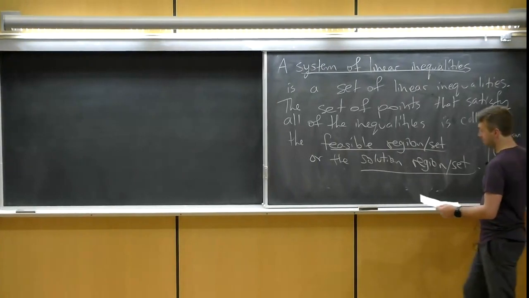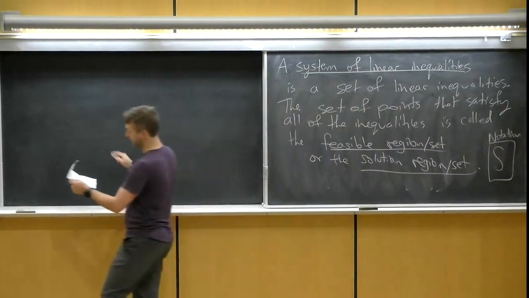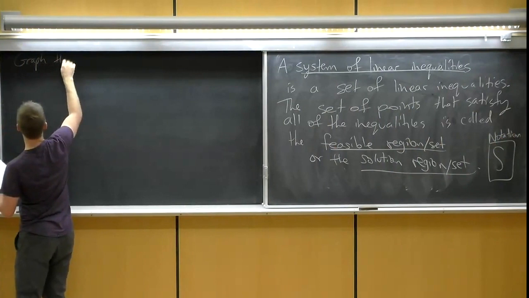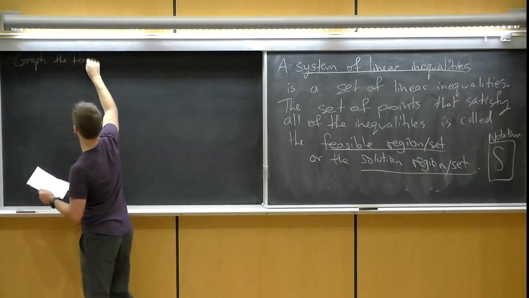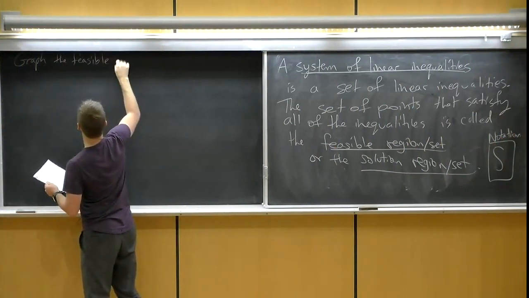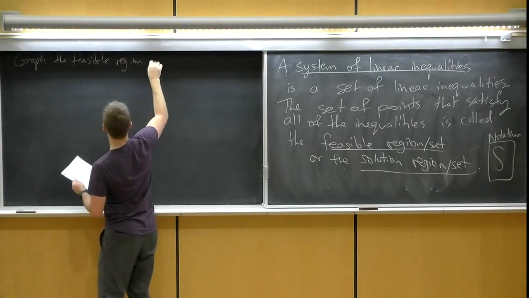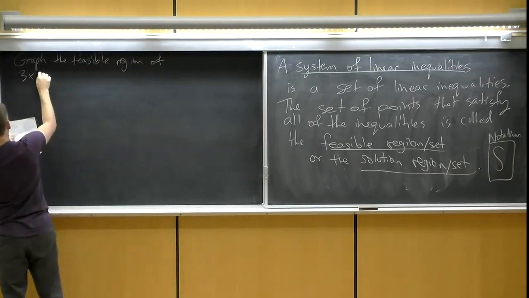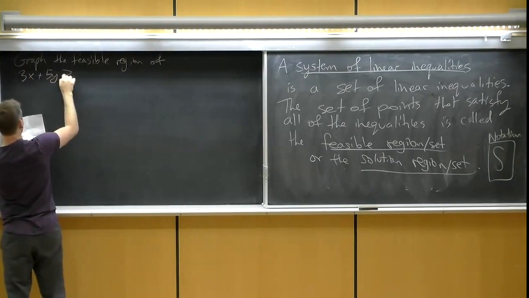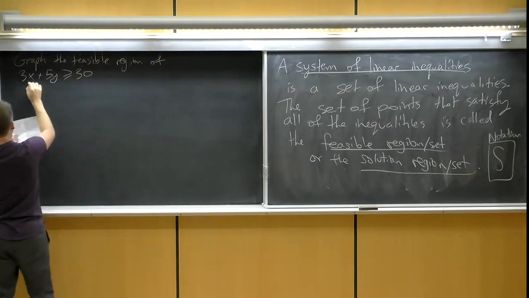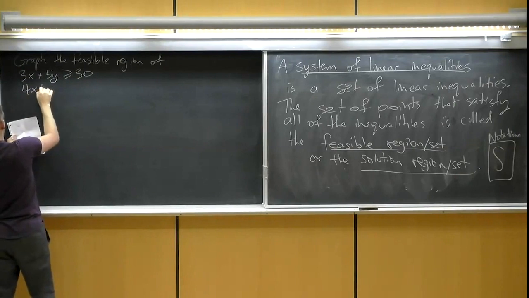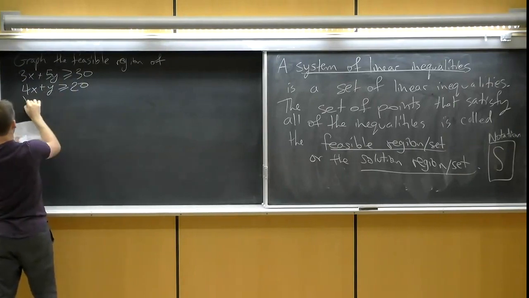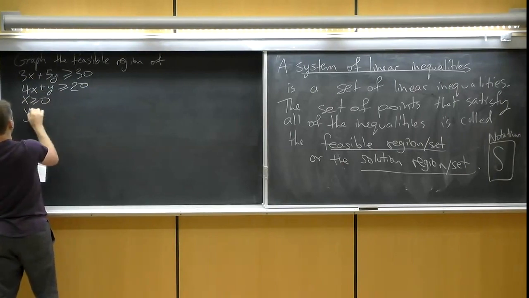So let's do an example of how to graph these feasible regions. Graph the feasible region of, let's say, 3x plus 5y is at least 30, 4x plus y at least 20, x at least 0, y at least 0.